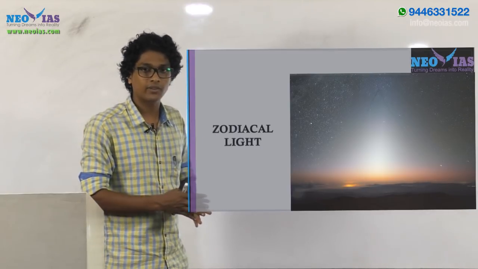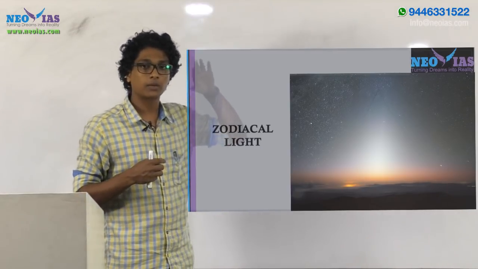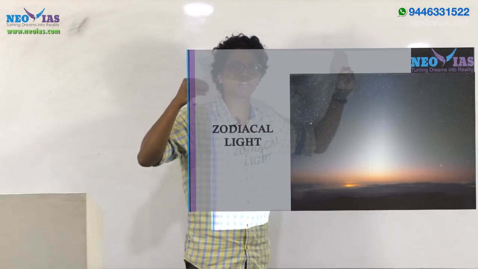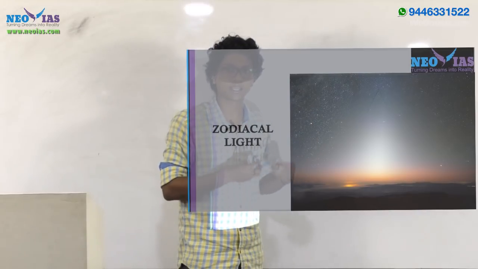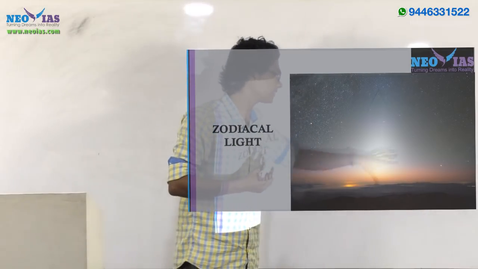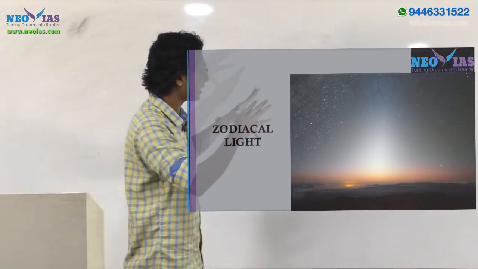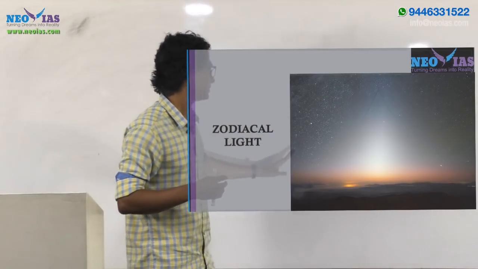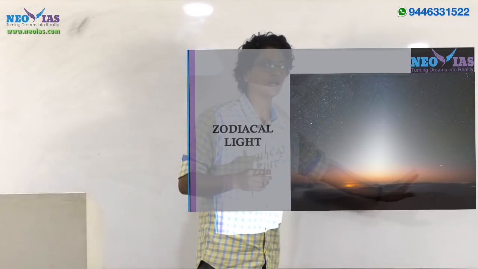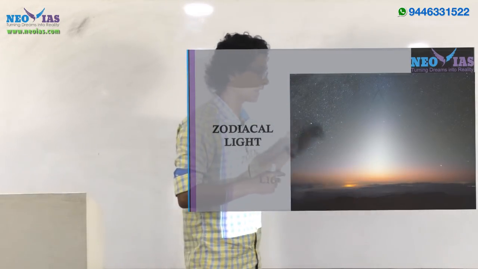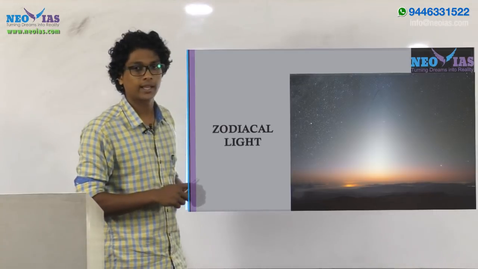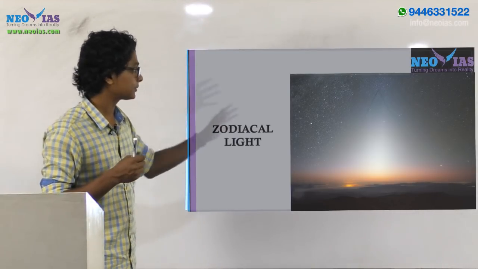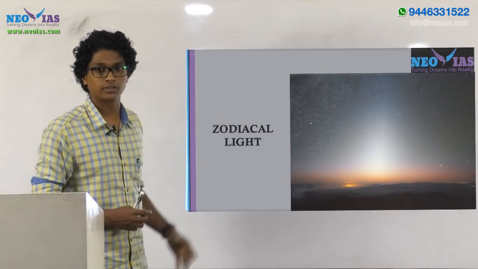The light is getting reflected by dust particles, not atmospheric dust, but dust particles beyond the atmosphere. These dust particles reflect the light, and in a clear sky, especially in the higher latitude regions, we see this triangular lit region, which we call zodiacal light. It is created because of the reflection by the dust particles beyond the atmosphere.